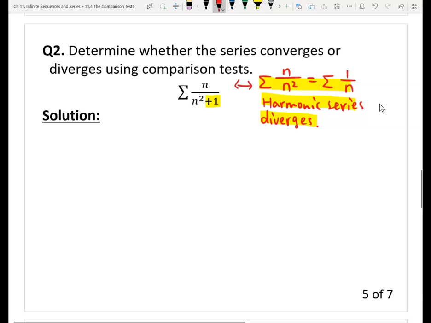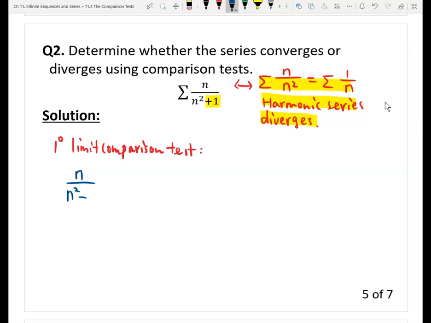Let me put in the complete steps. How do you show your steps if I use the limit comparison test? We need to do the comparison. Our series is n over n squared plus 1 divided by the comparable, which is 1 over n.